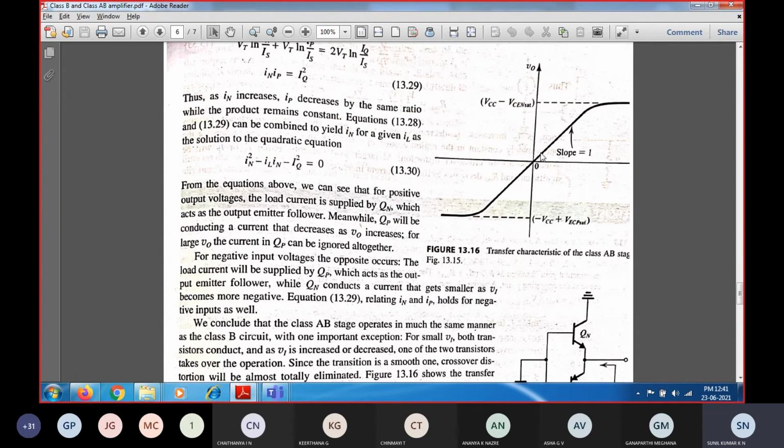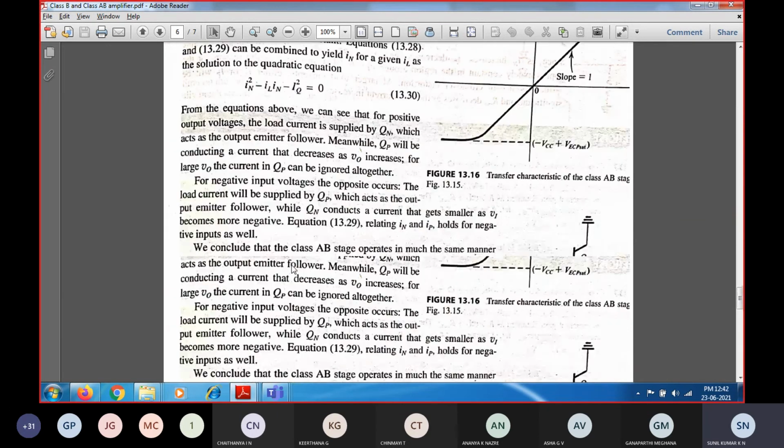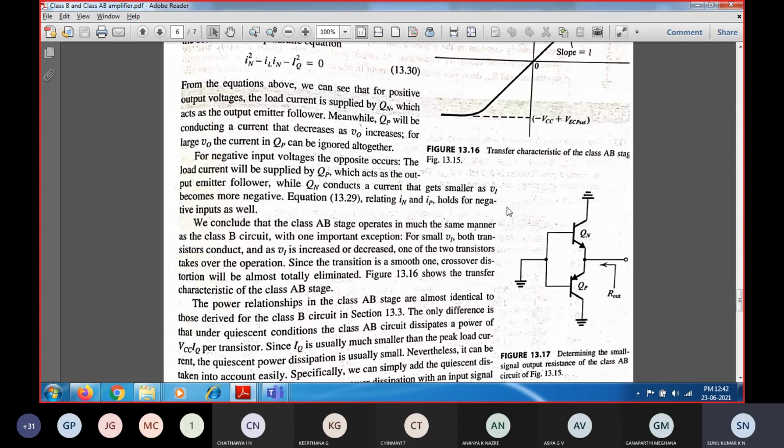In the class B amplifier you get the dead zone from minus 0.5 to plus 0.5, so in the transfer characteristics you can see the output voltage is not going to increase. That crossover distortion was there in class B, and it has been avoided by connecting a base voltage across the base terminals. By connecting this VBB by 2, you are going to avoid that crossover distortion. You can see this is the modified circuit.